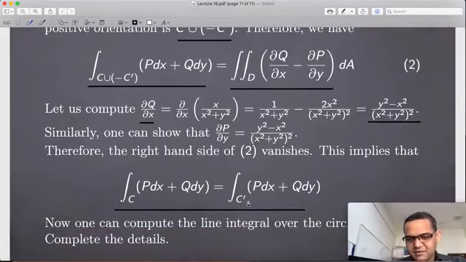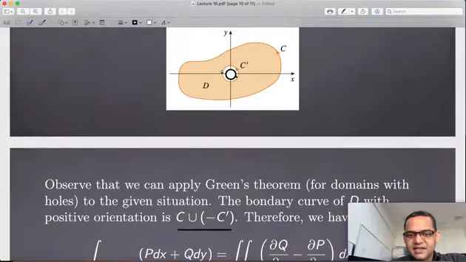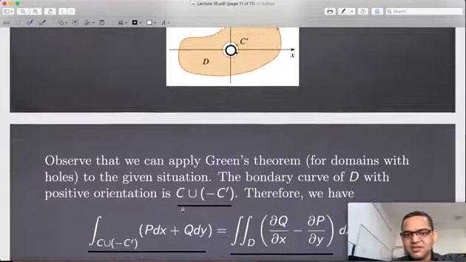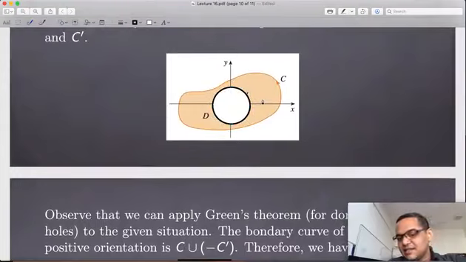If you just follow the proof, the same proof would work if I had taken a smaller circle inside. This indicates that the line integral over this C prime is not going to depend on the radius of this curve, because this side is fixed. This side is the original thing. So even if I am taking a bigger circle, the answer should come out to be the same.